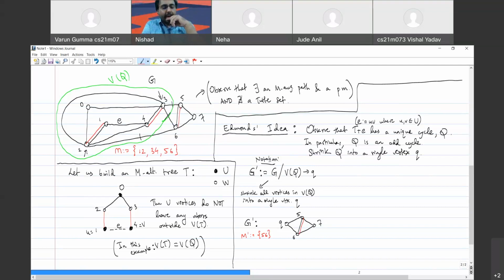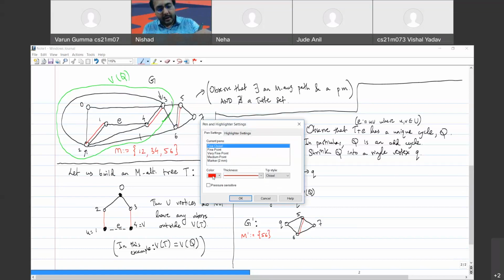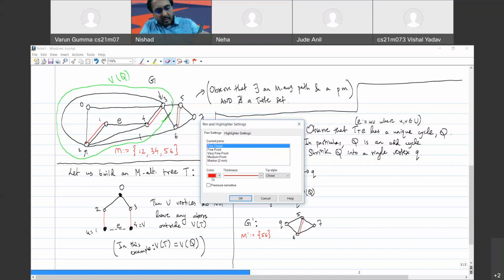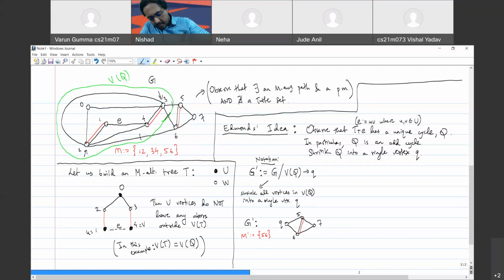And what about the tree? Well, in the tree, we are going to do the same kind of thing. Instead of these 5 vertices, we will think of it as a single vertex. So in this particular example, the tree just becomes a single vertex, which will be little q. So the tree is just one vertex, that is q, and that is our exposed vertex.